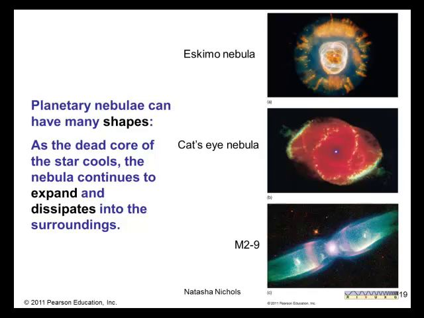Frame C shows M2-9, which is about 600 parsecs away and half a parsec end-to-end. As you can see, there are two lobes or twin jets of glowing gas emanating from a central dying star. And those jets of gas are racing out at speeds of about 300 kilometers per second.